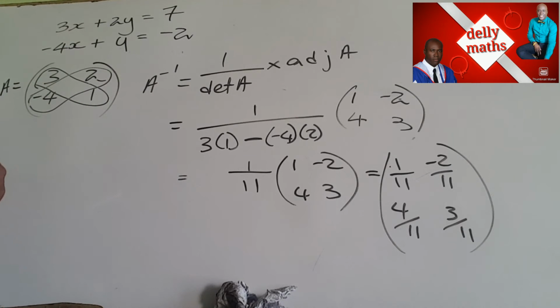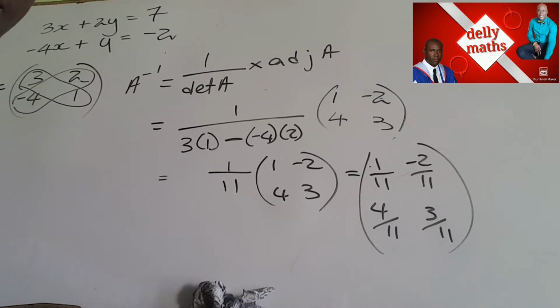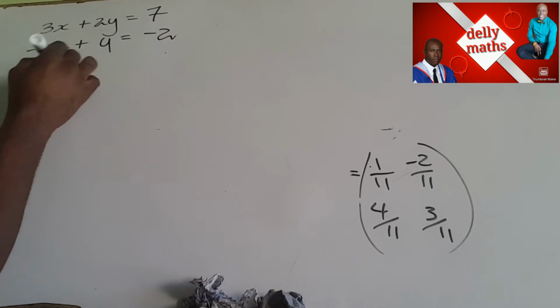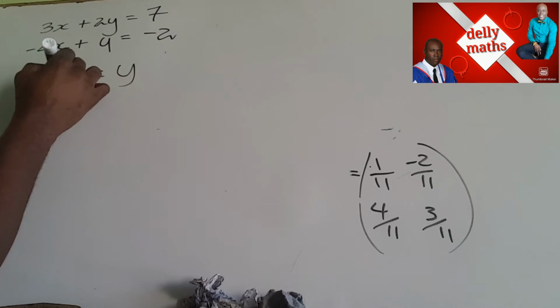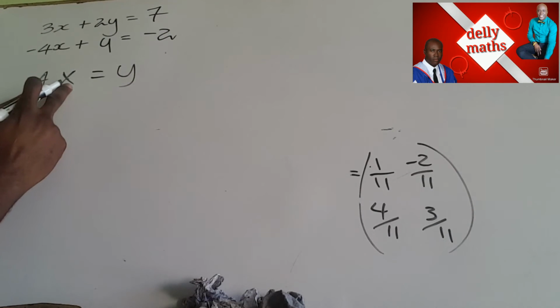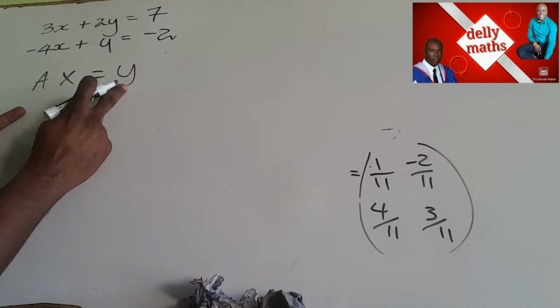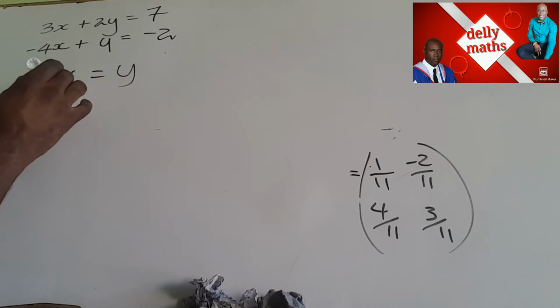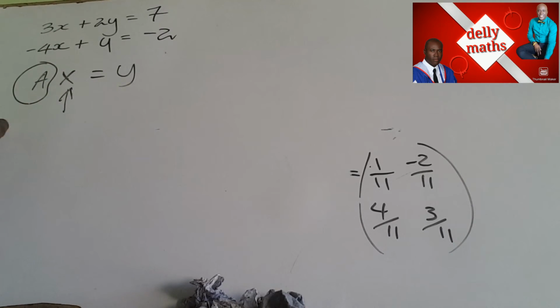Based on the principle we had discussed earlier, if you have a matrix times another matrix equal to another matrix, to find this matrix here, all you have to do is find the inverse of this. And this must be a square matrix for you to take the inverse.